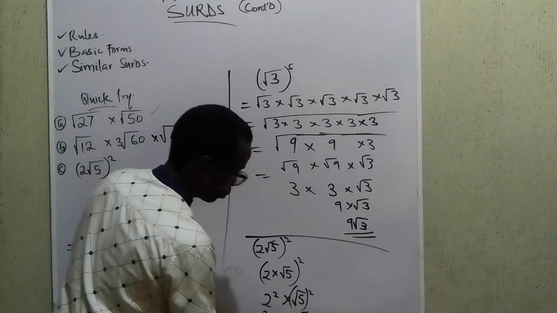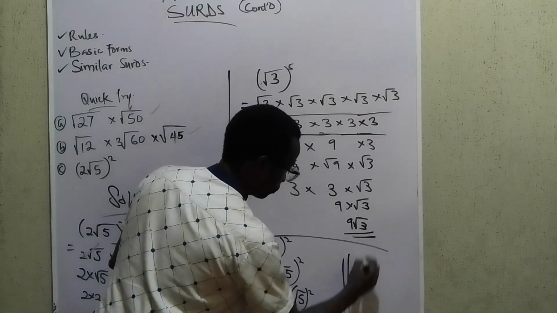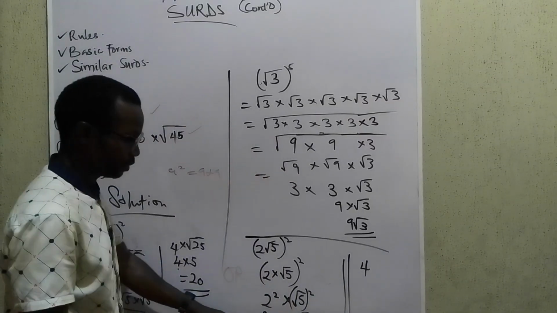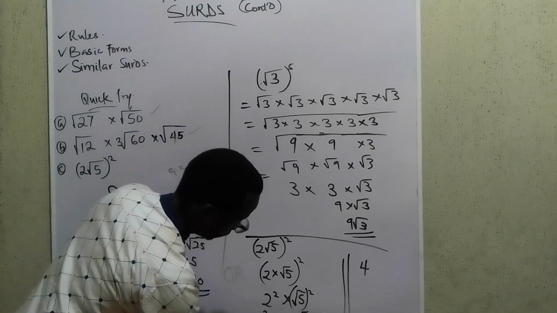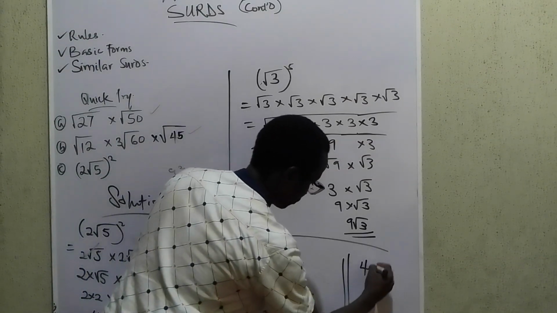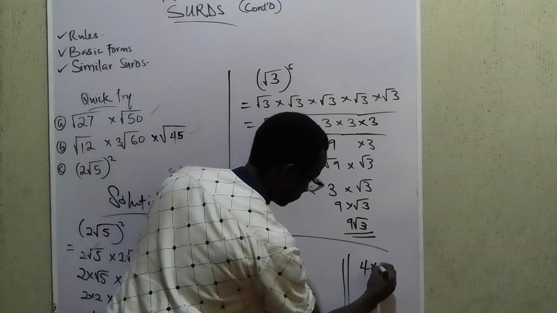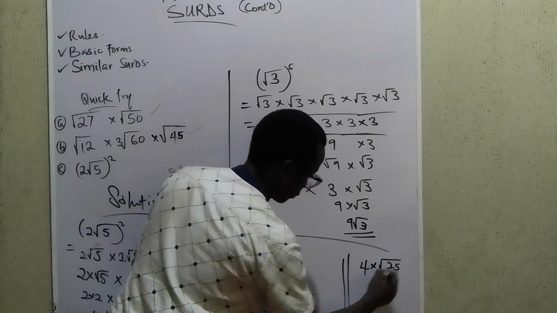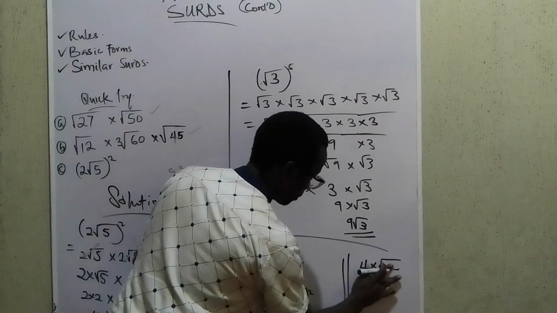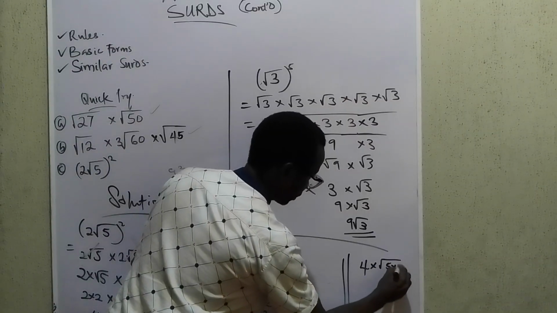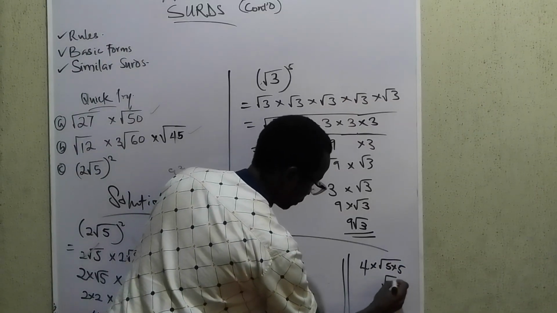So 2 times 2 is equal to 4, right? And root 5 times root 5, with the 2 brackets, means 5 times 5. What is 5 times 5? It is 25.